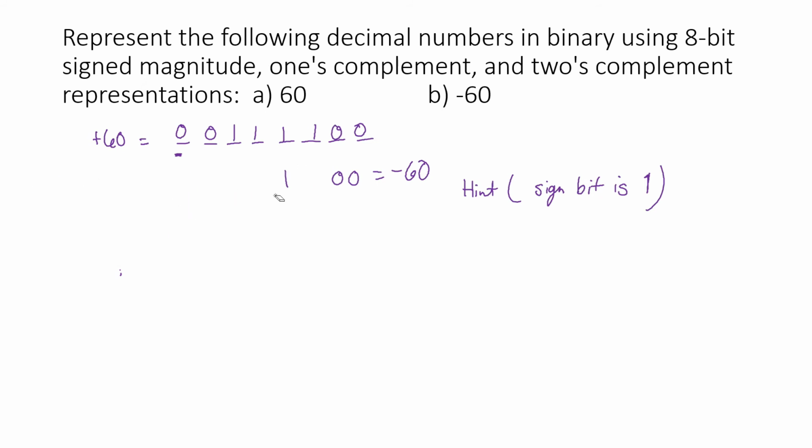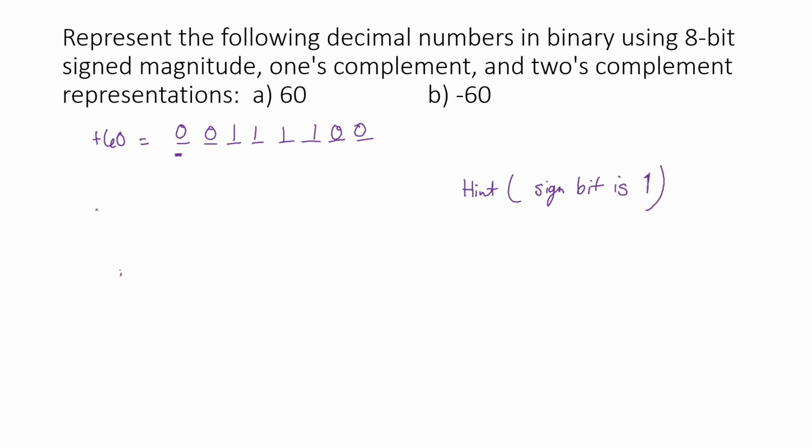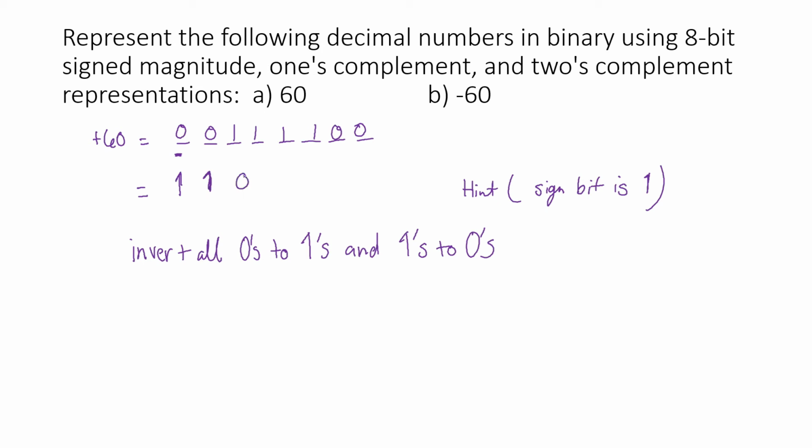Now let's do one's complement here. One's complement is a little different, but remember what I said? You always want to change from the positive binary number. So in one's complement, we're going to invert all zeros to ones and all ones to zeros.